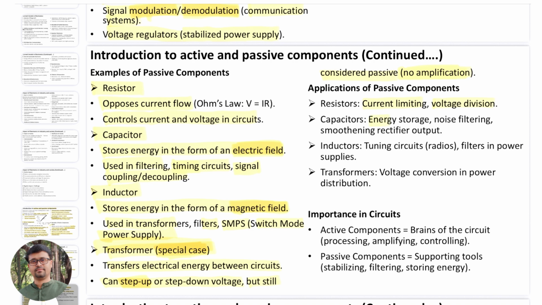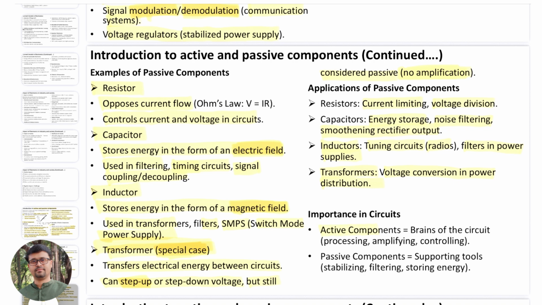Then for energy storage, capacitors are used for noise filtering, smoothing the rectifier output. We have seen that point, the ripple filtering. Then inductors are used for tuning circuits and filters in power supplies. Then transformers are used for voltage conversion in power distribution circuits. Then the importance in the circuit, comparing active and passive components.